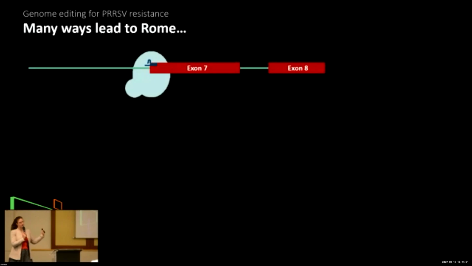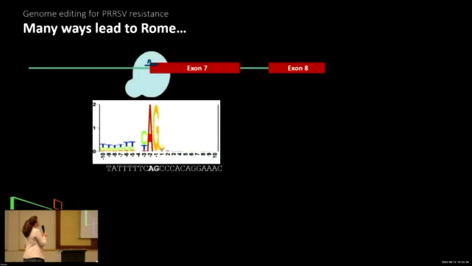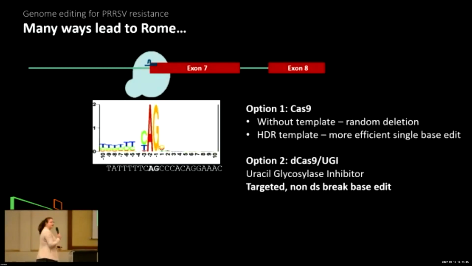Now, what we've done since is taking this a step further. So we're going back to the genetic locus, and we understand quite a lot about how genetic regulation works. And if we look at the beginning of exon number 7, we know that this AG sequence at the beginning of an exon is absolutely crucial. So we can actually make minor modifications to this.